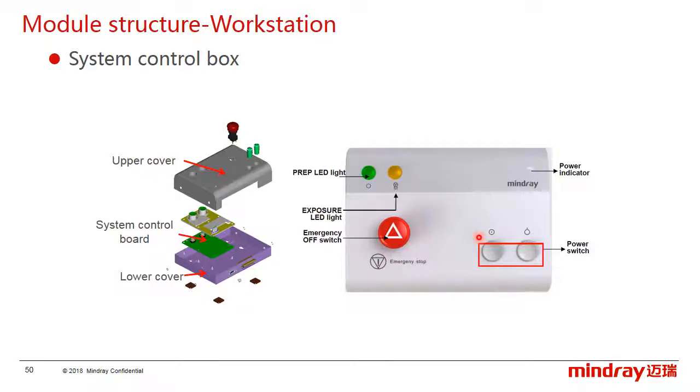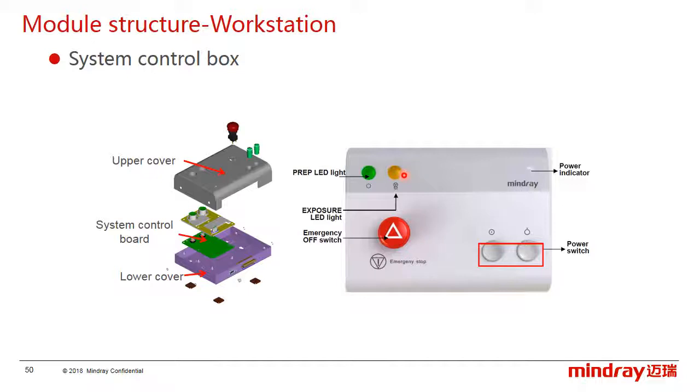And on the system control box, there are some indicators. The power indicator becomes blue-white when the system is powered on normally. Besides, this is the prepare indicator. It lights green when pressing the first grade of the hand switch.